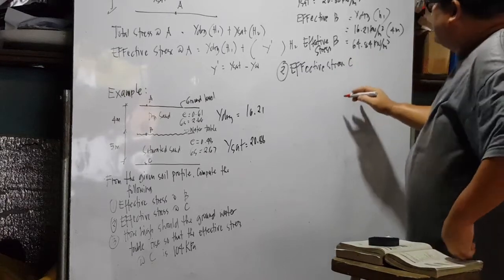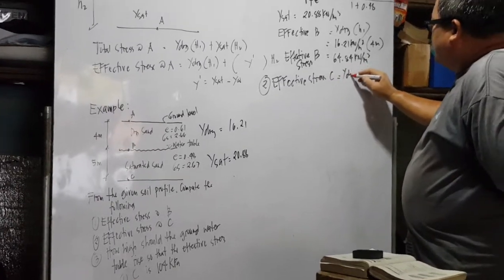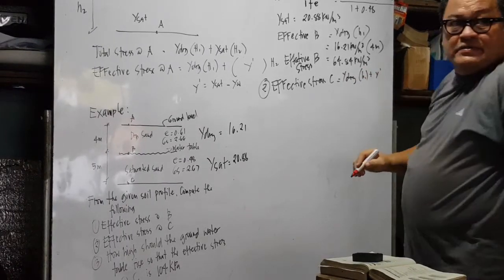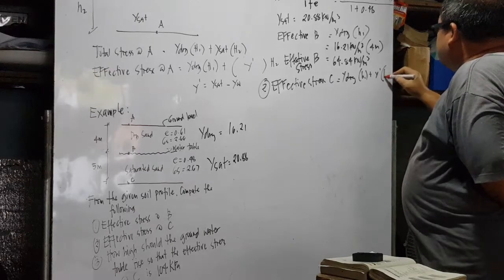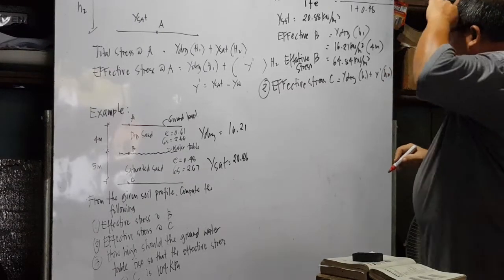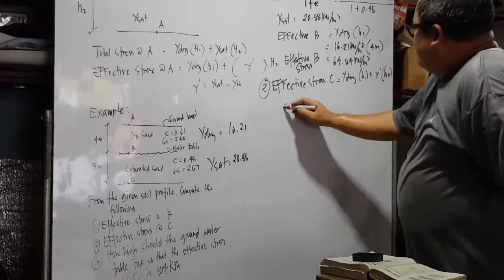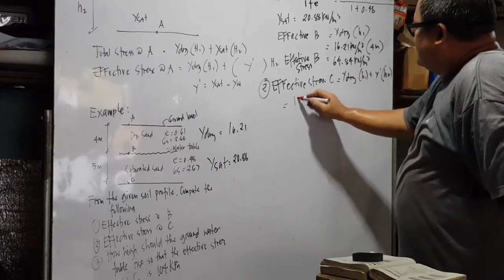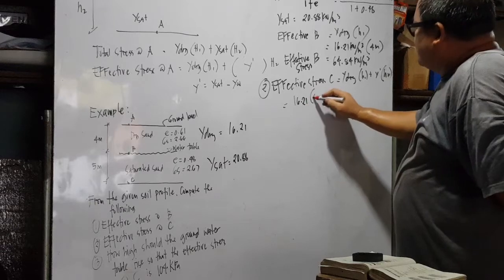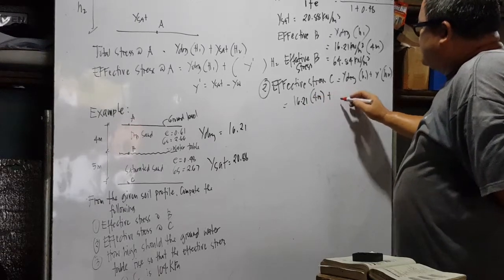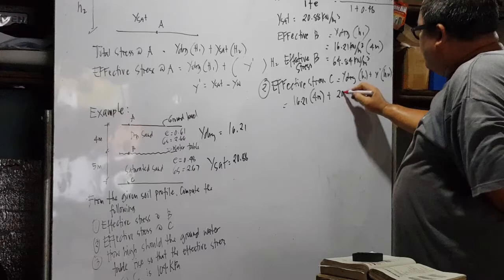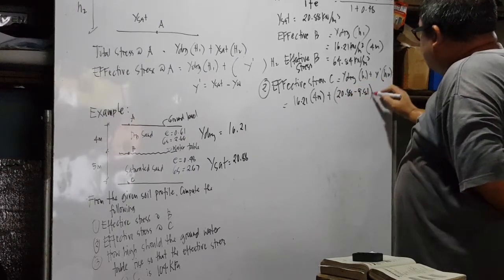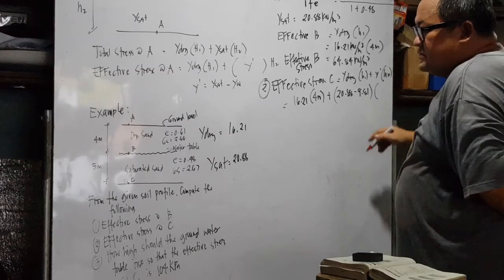Next, you have effective stress at C. At C, that will be Y dry times H1 plus Y prime times H2. So, the answer will be 16.21 times 4 plus Y sat mo nga 20.88 minus water mo nga 9.81 times H2 mo nga 5 meters.